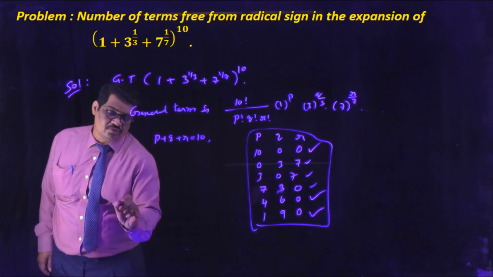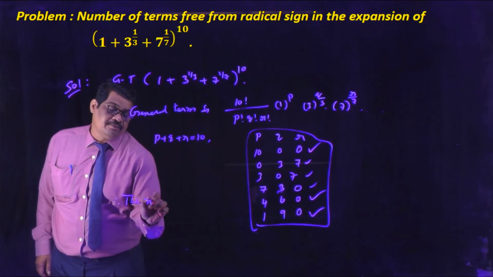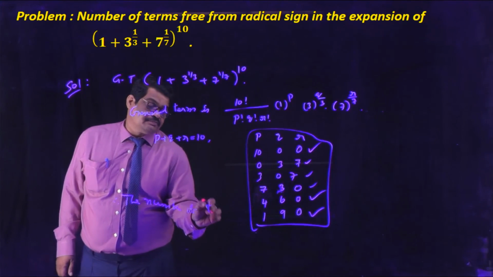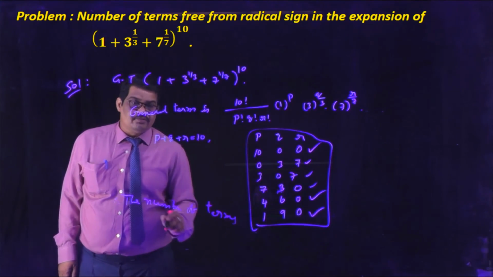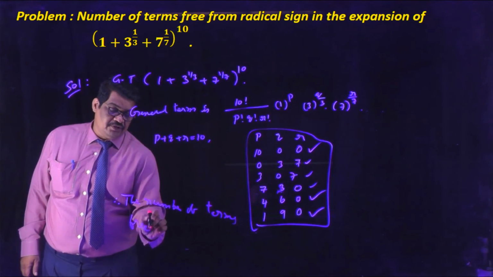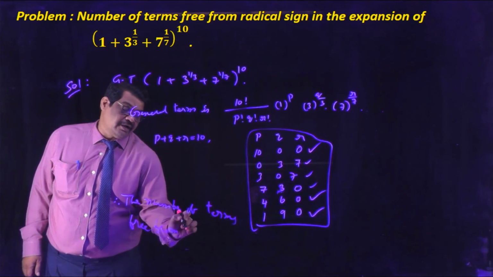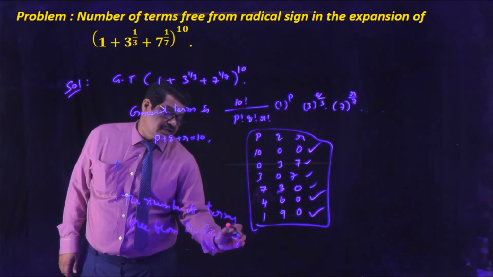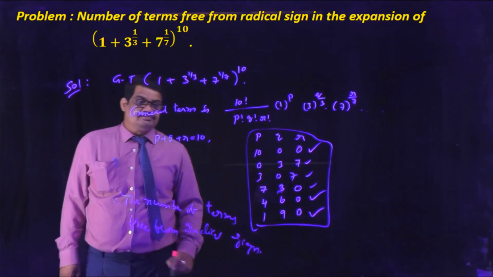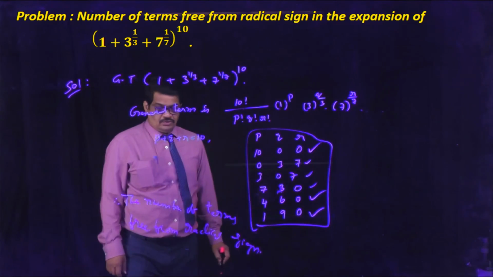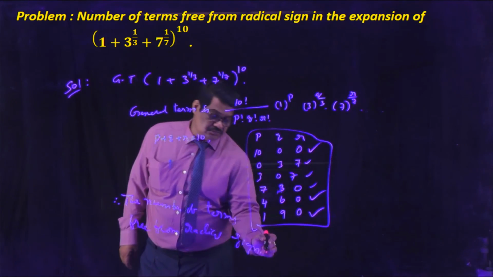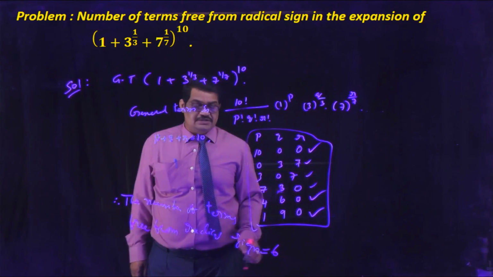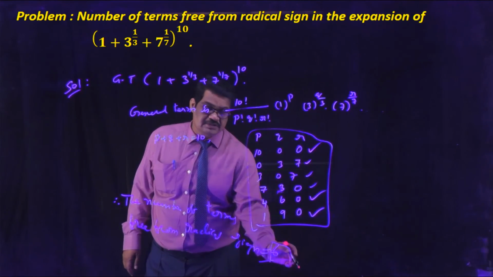So therefore the number of terms free from radical sign is equal to 6. So these are the 6 terms. Answer is 6. Okay.